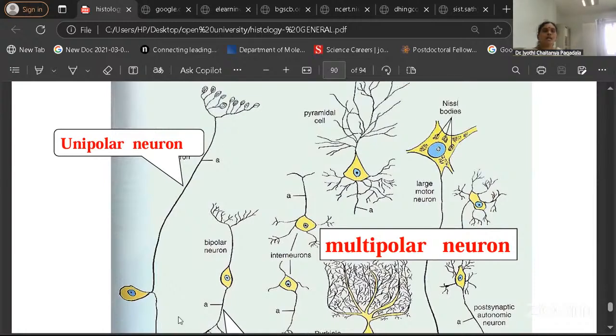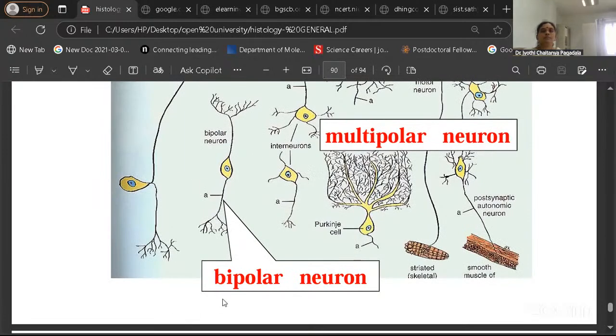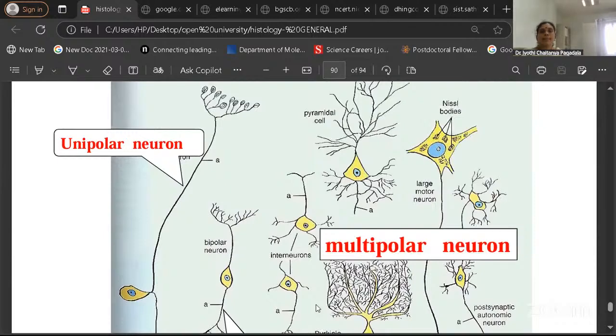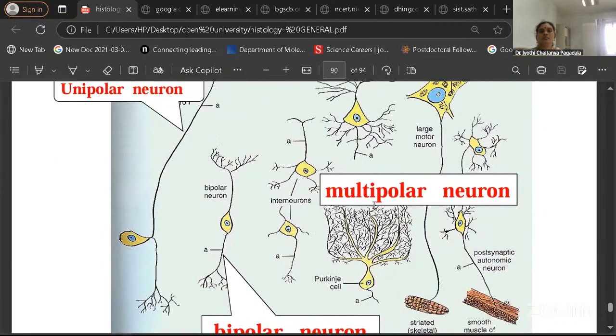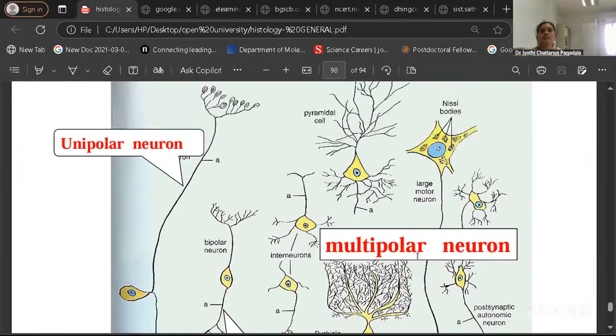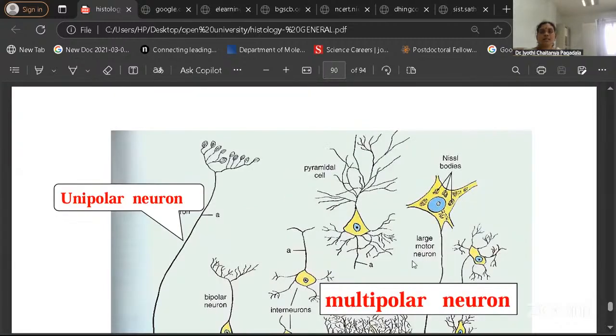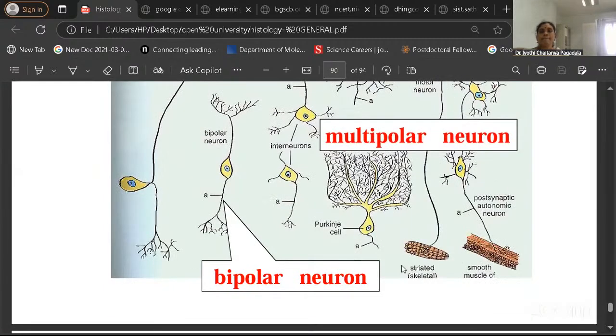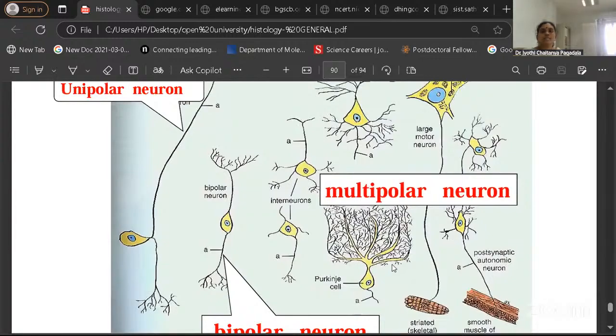Here the neuron contains only one dendrite, and then the multipolar neuron. Multipolar neurons are found in the Purkinje cell, and also in the pyramidal cell, and smooth muscle also.